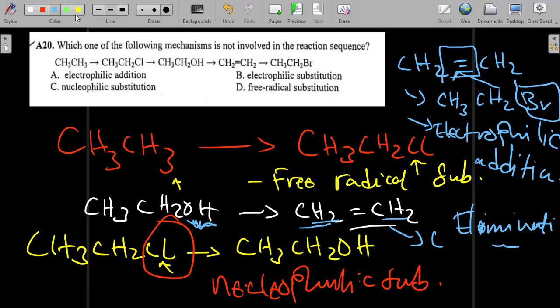So now we ask ourselves which one is involved, according to what we have explained. The free radical is involved, so we're going to mark it here. The nucleophilic substitution, we're going to mark it as well. So the one that is not involved here is this one. The electrophilic what? Addition is not involved.